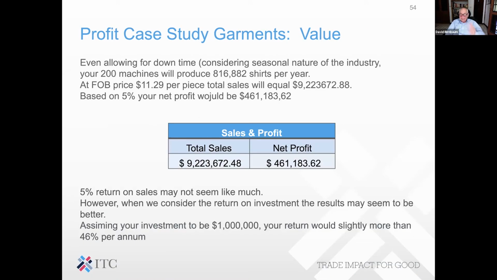Total sales, $9 million. Your profit is $461,000 a year.